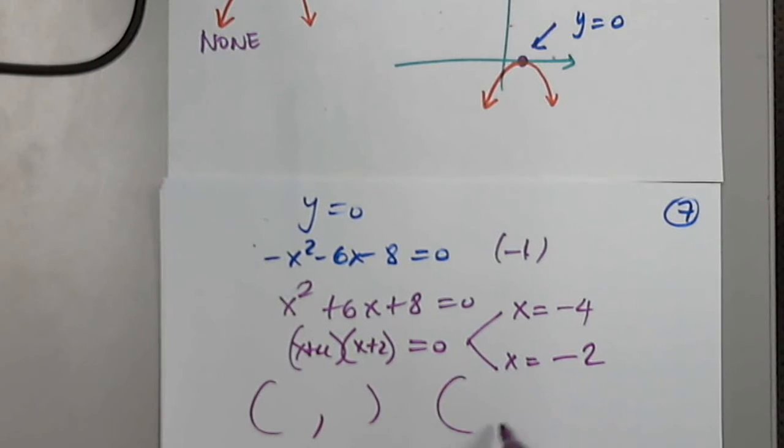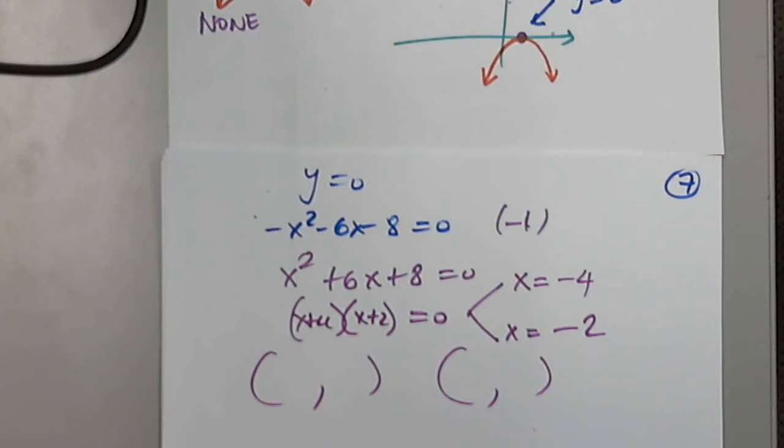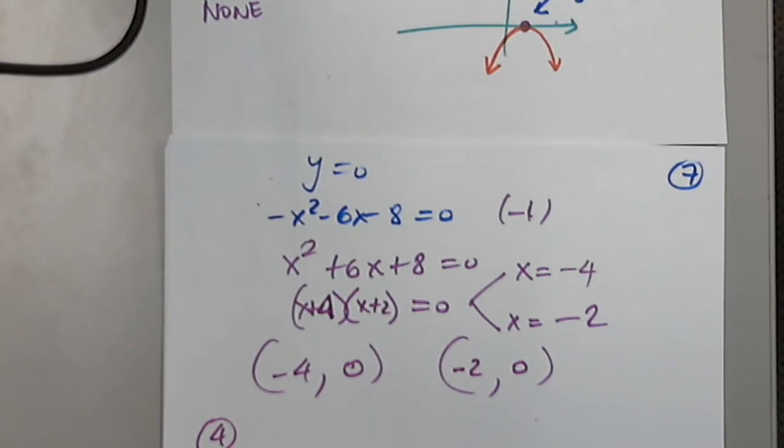So the x-intercepts are, once again, -4, 0 and -2, 0. Perfect. Step number 4, the y-intercept. This will always exist, so I will not put a comma and say if. Good, how do I determine the y-intercept for any function?